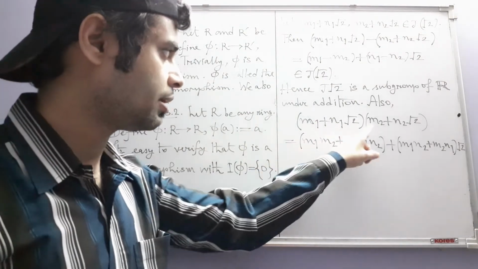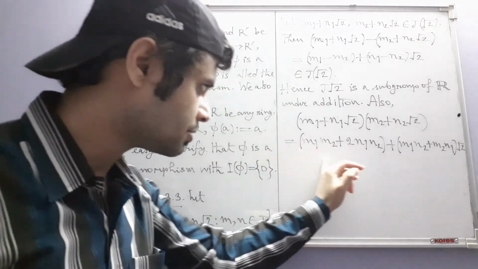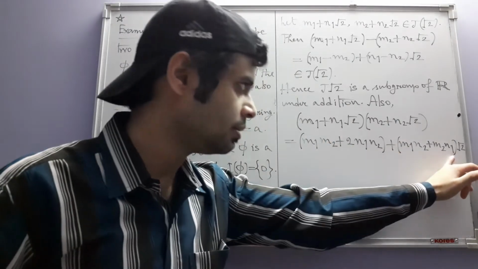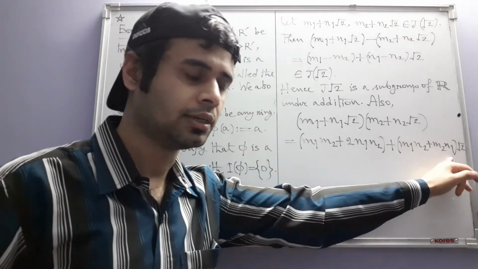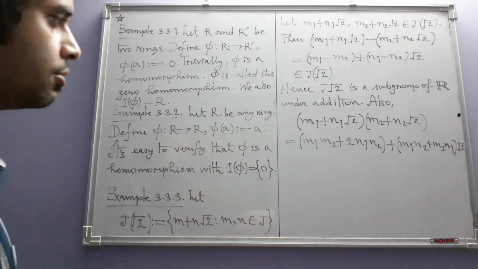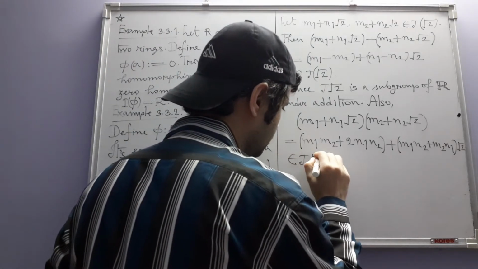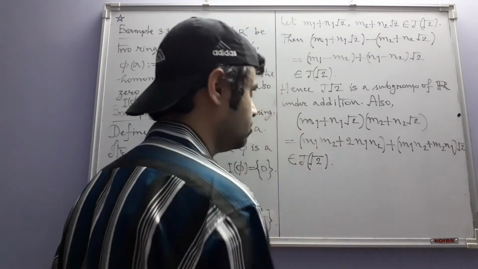Now look at this final number. m1, n1, m2, n2 are all integers, and here we have 2. So that means this is an integer, and this thing inside the brackets is also an integer. So that means this number again has the form to be in J root 2. So that's why it belongs to J root 2.